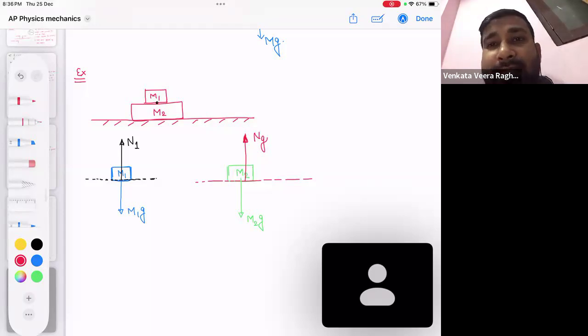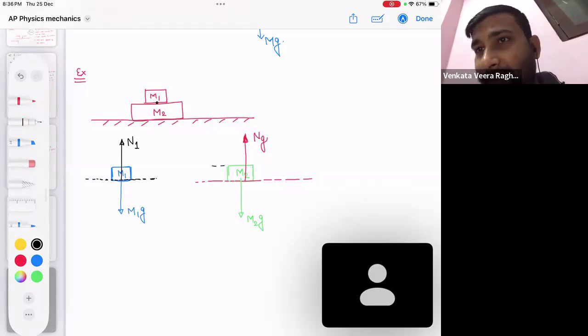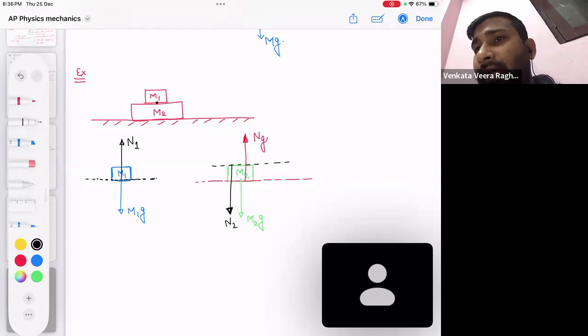Next, m2 is in contact with the upper block also. Which way is this upper block trying to push? Down. So this force, should I call it N2, or can I write it as N1? This is nothing but N1.